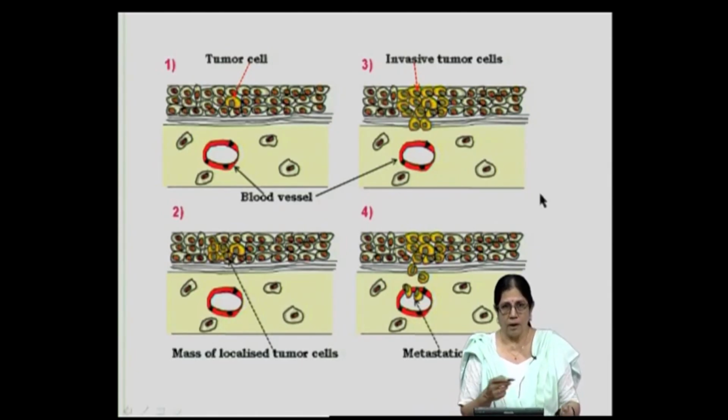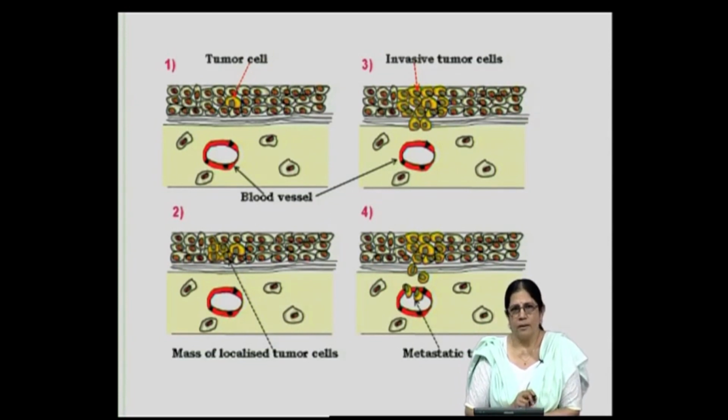Let us look at how this can happen. I would like you to remember that usually tumor cells arise from one single cell. One can call all cancers monoclonal. All cancers, though later on might be a huge mass of tumor, would arise from a single cell.